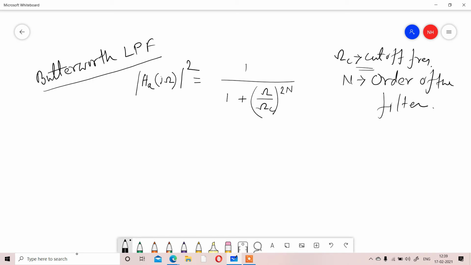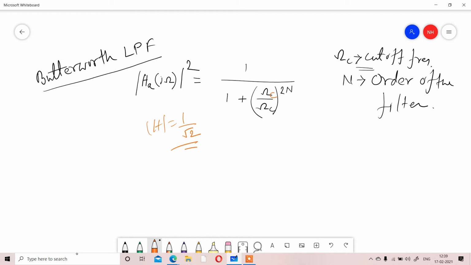If we consider omega equal to omega c, then omega c will cancel out, so that will be 1 to the power 2n, so 1 by 2. That is your magnitude square, so the magnitude will be 1 by root 2.